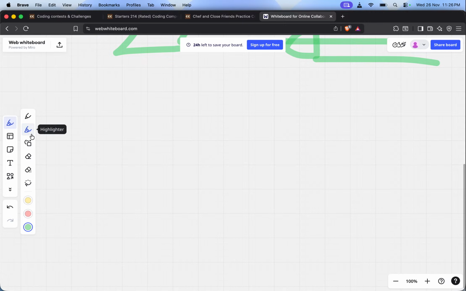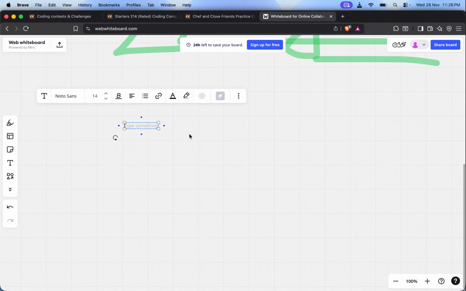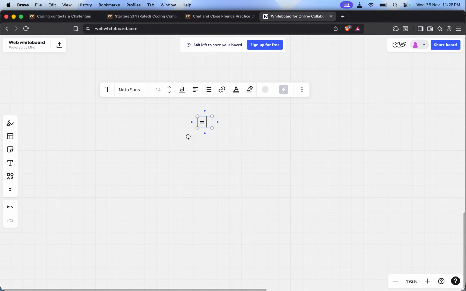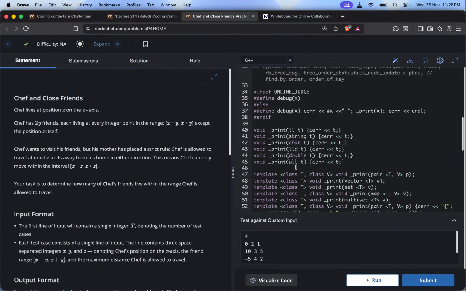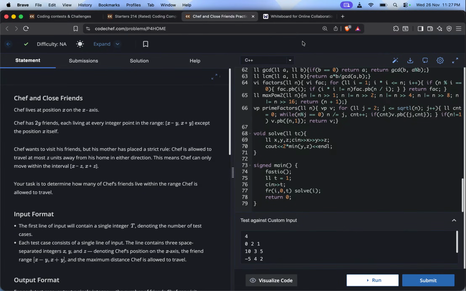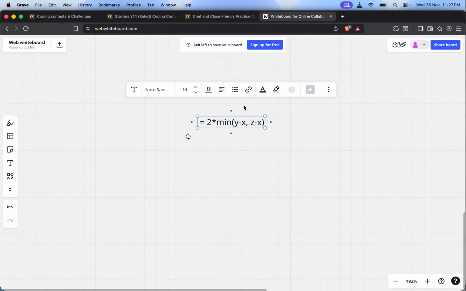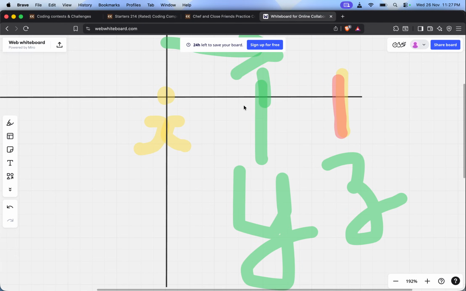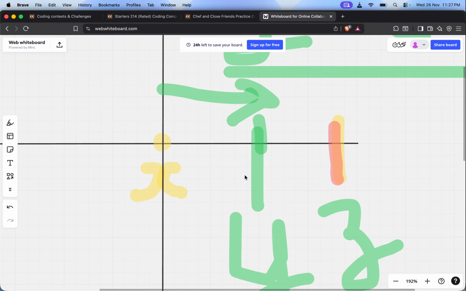So what is our final answer? Our final answer is computed as 2 times the min of y minus x comma z minus x. Alright. This is the case when y was a coordinate.